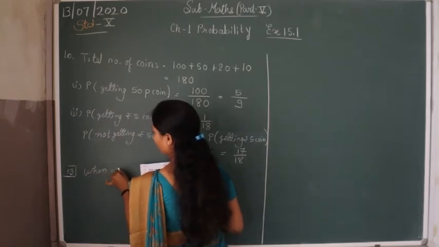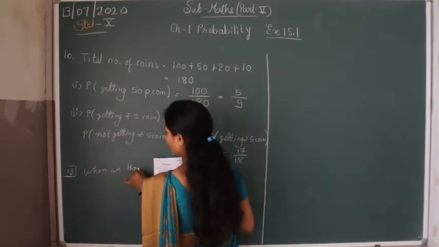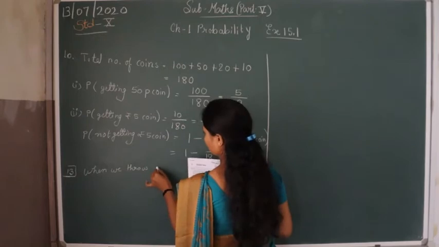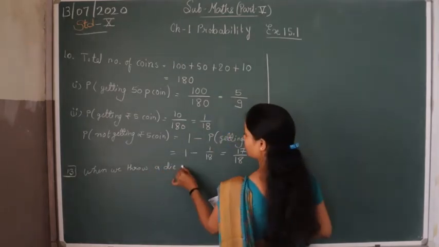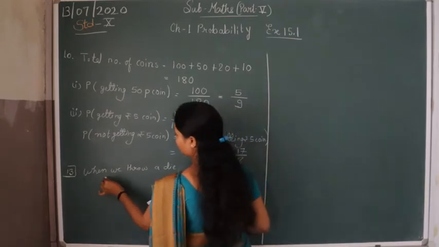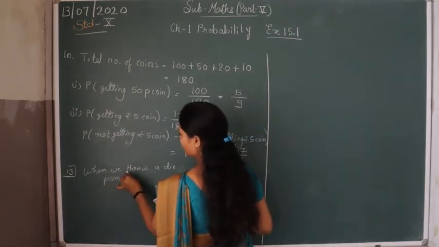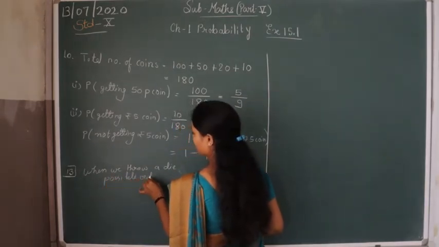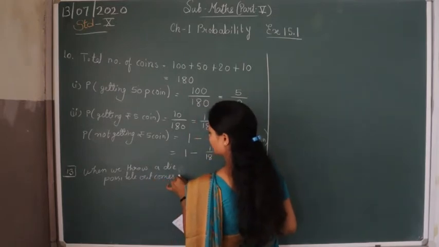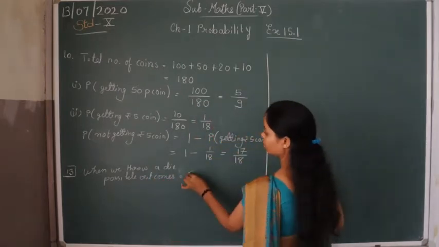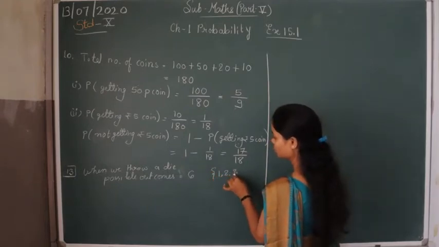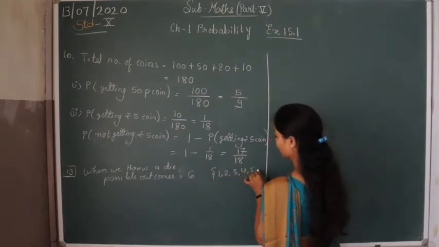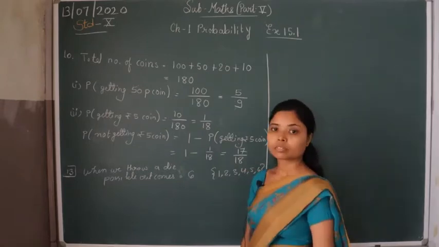When we throw a die, the possible outcomes, I write here, we know very well, 6: 1, 2, 3, 4, 5 and 6.